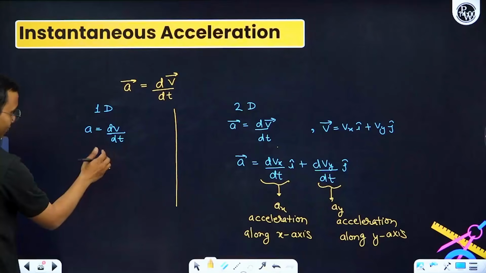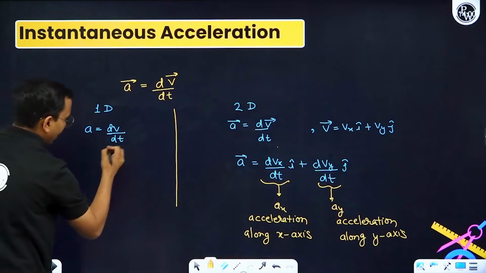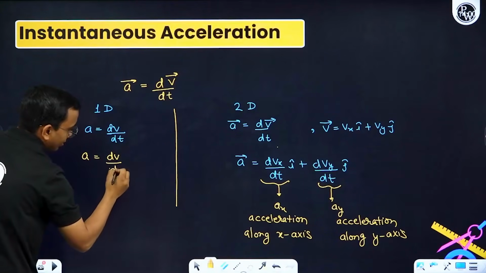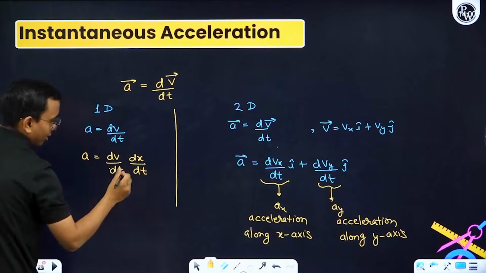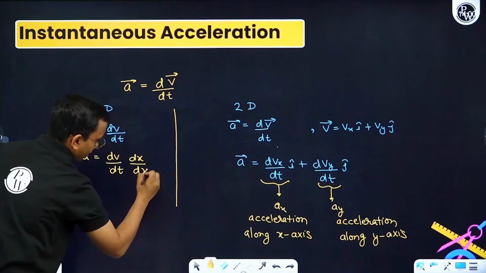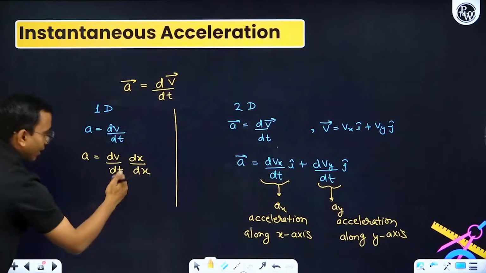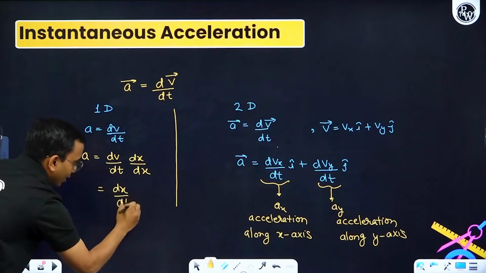Let us take 1D. If I write a is equal to dv by dt, and if I multiply and divide with dx, I can write it as dx by dt into dv by dx.